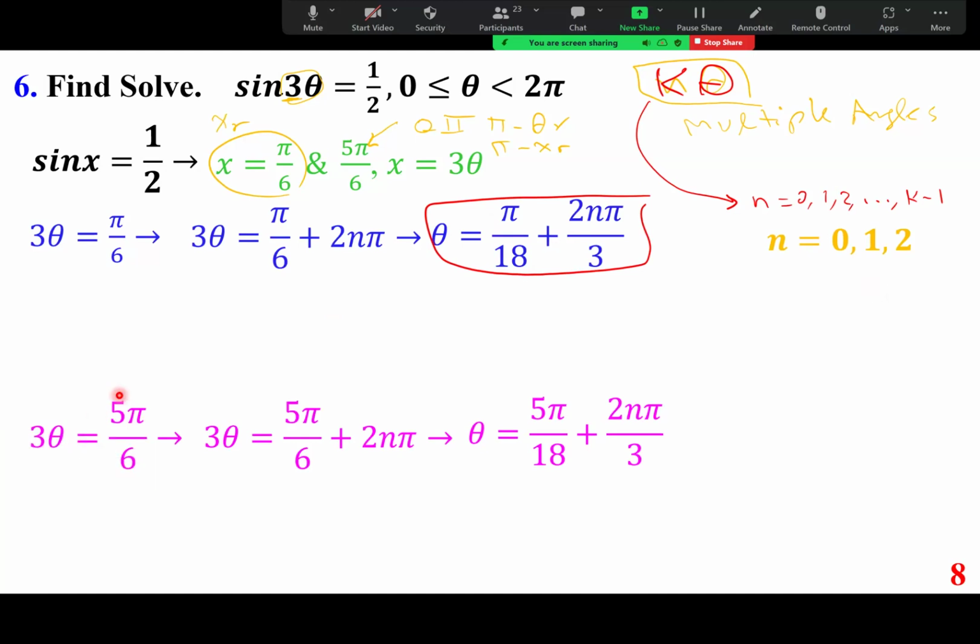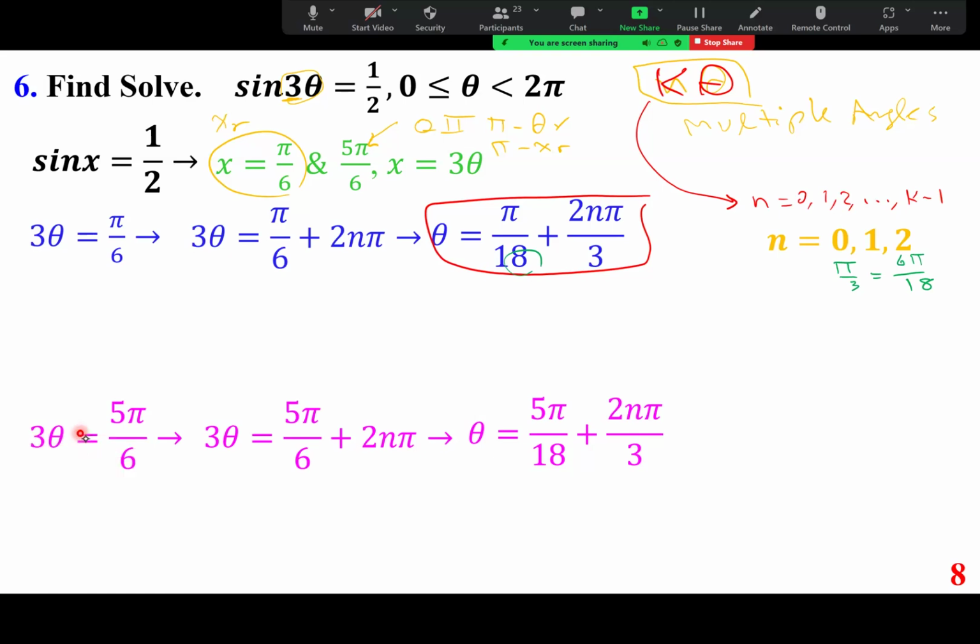Replacing the n with 0 gives pi over 18, and the same thing here with 0 gives 5 pi over 18. But what happens when I put 1 here? If I put 1, I get 2 pi over 3. Let me write this, everybody, because this denominator is 18. Pi over 18 plus 6 pi over 18.